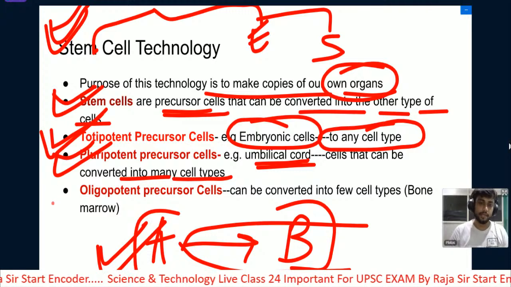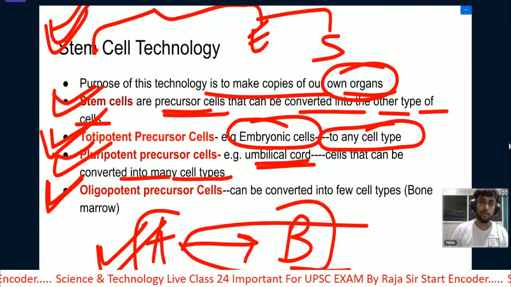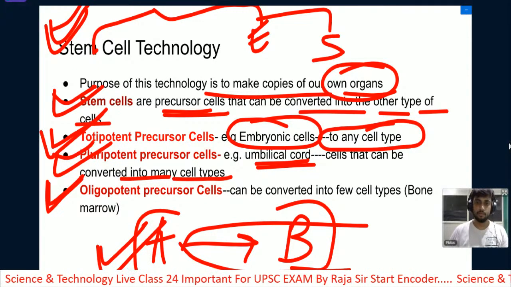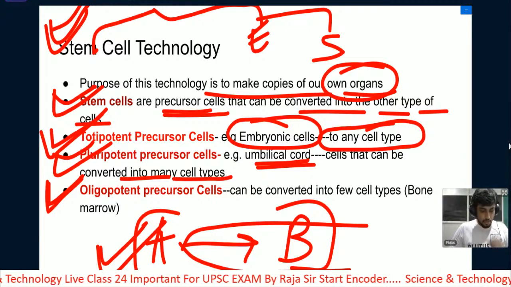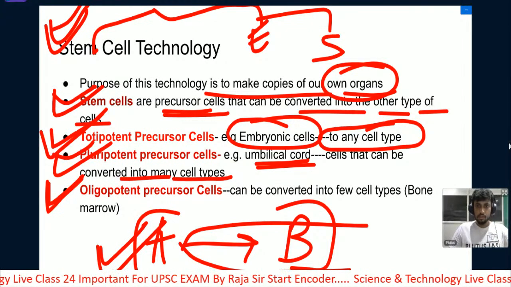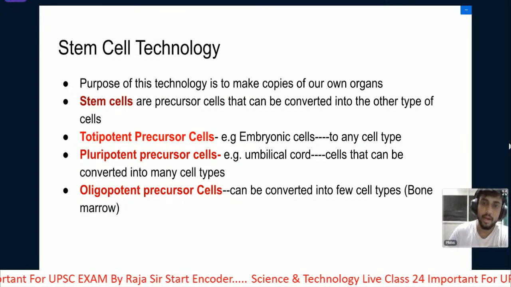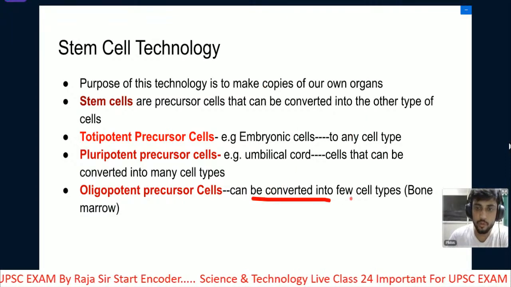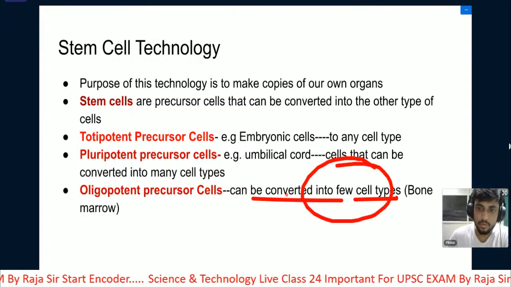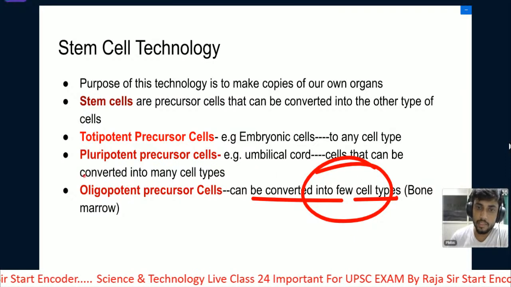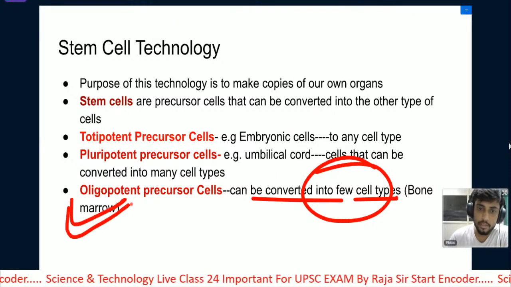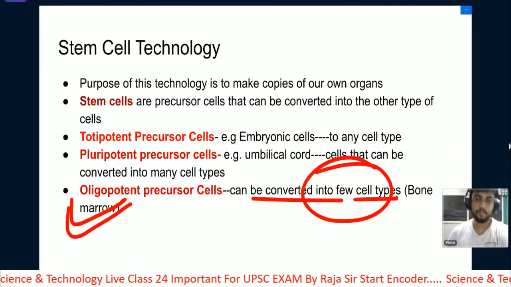And the third category is the oligopotent precursor cells. They can be converted into few cell types. The example of the oligopotent precursor cell is bone marrow.